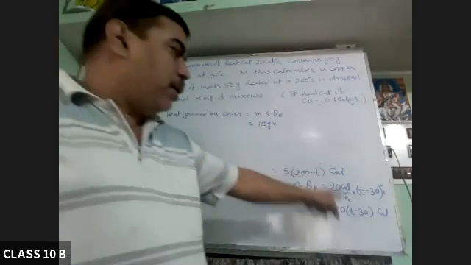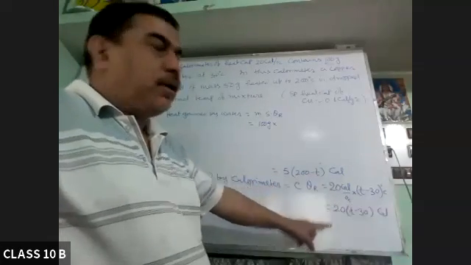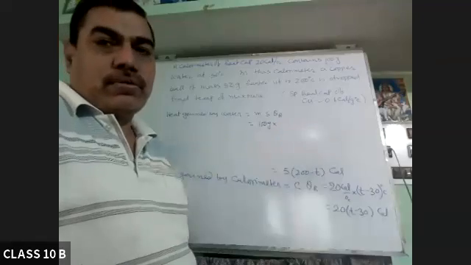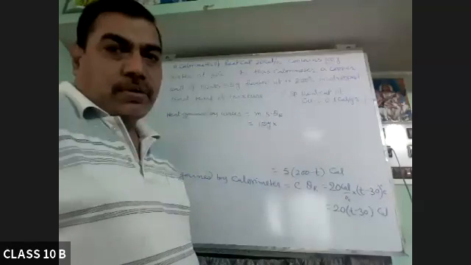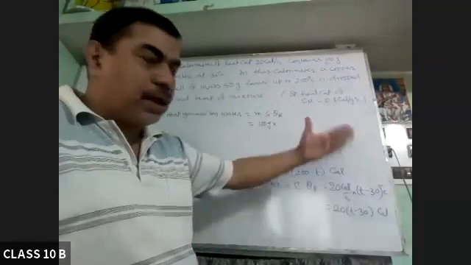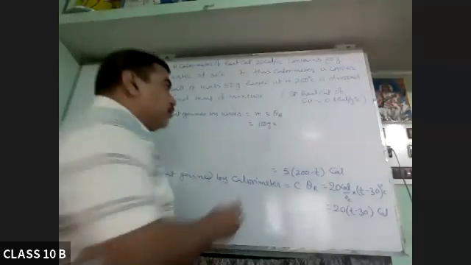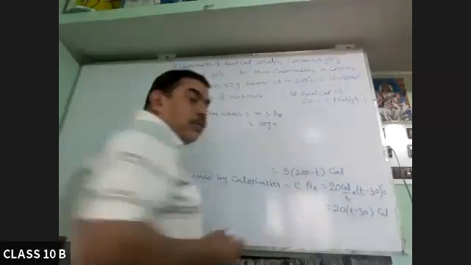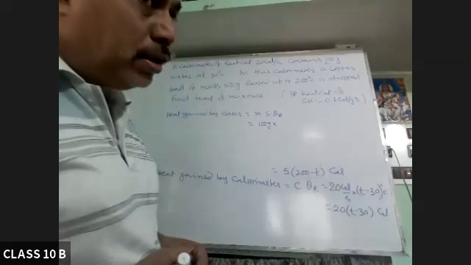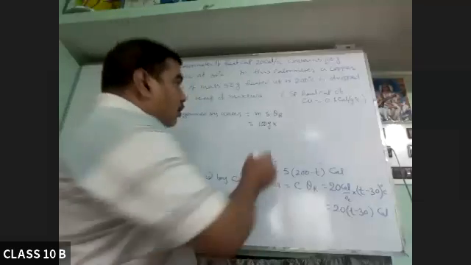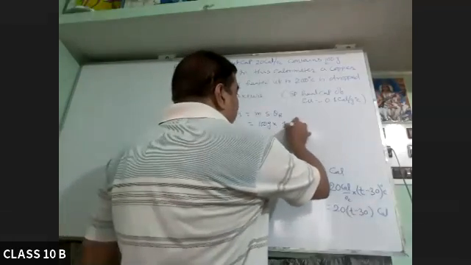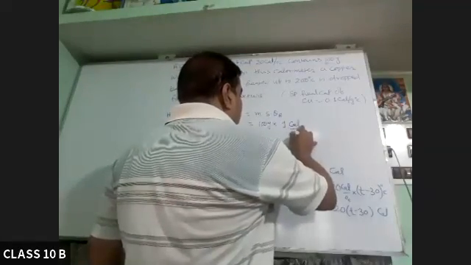This side we have calculated in calorie, and there it would be in joule. Then after equating, you would have to change calorie into joule or joule into calorie. So here we will use the value of specific capacity in calorie per gram degree Celsius, which is 1 calorie per gram degree Celsius.